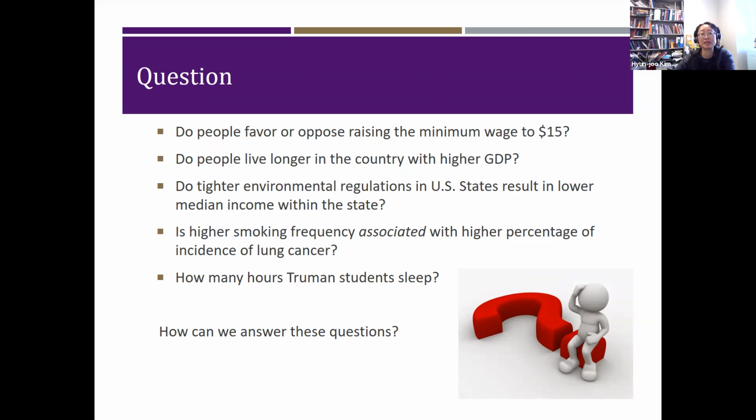Now, our question is, how can we answer these questions? In short, we probably need to collect some information, typically called data, describe that data, summarize that data, figure out what the story is from the data, and then draw a conclusion from that information so that we can answer this type of question.